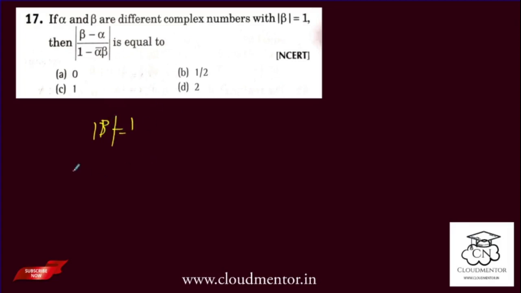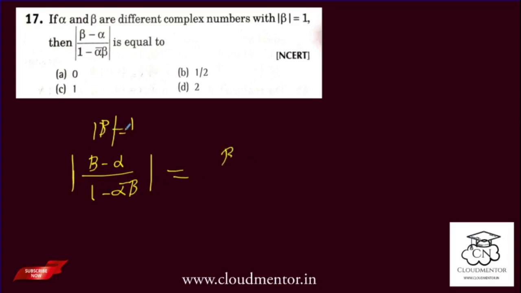We have the expression (beta minus alpha) divided by (1 minus alpha bar beta), and I am writing this 1 as beta beta bar.